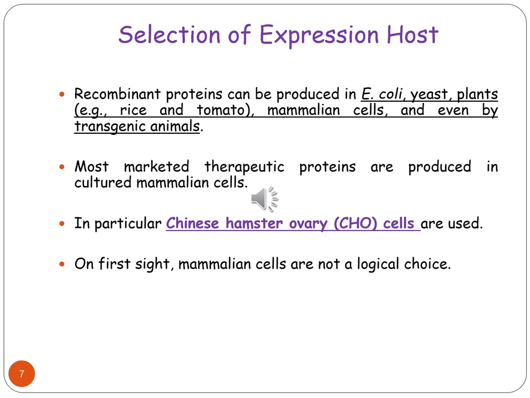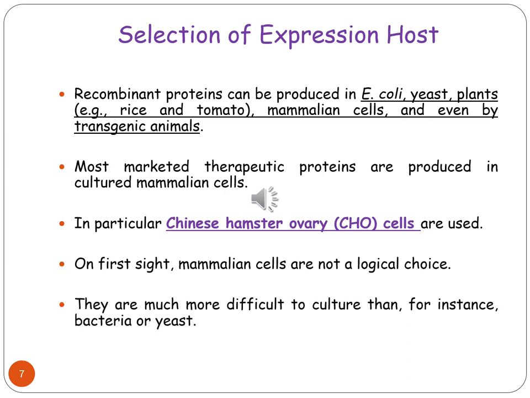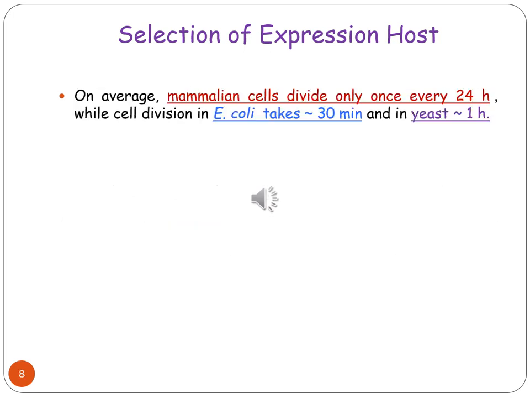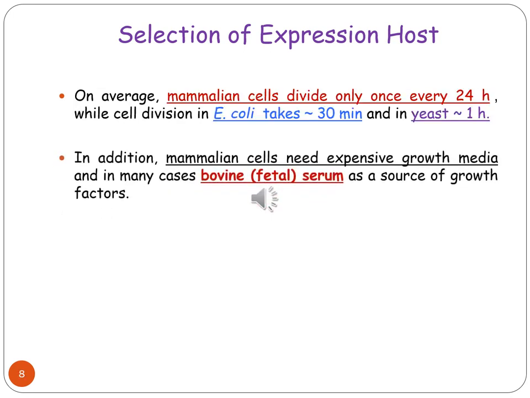At first, scientists were not encouraged to use mammalian cells. Why is that? Because they need a long time to divide, they are difficult to culture, in addition to other problems like needing expensive media and many other problems. We'll talk about them in part 2. On average, here they said mammalian cells divide only once every 24 hours, while cell division in E. coli takes around 30 minutes.